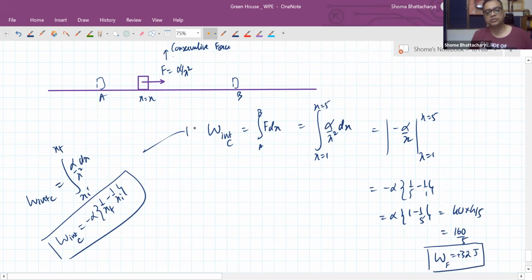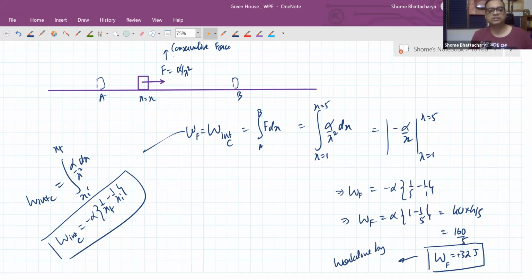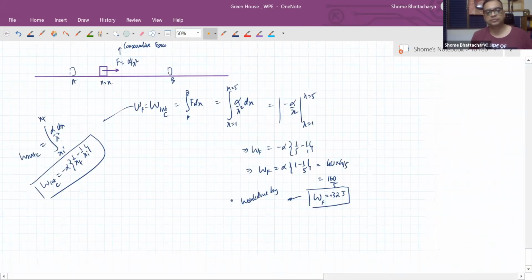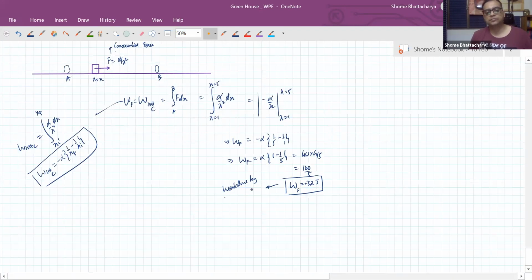Okay. So this is the work done by the internal conservative force for my system, from x equal to 1 meter to x equal to 5 meters, because alpha was given to us as 40.